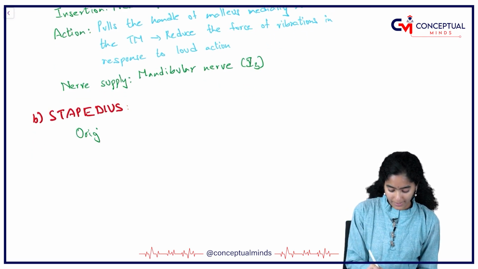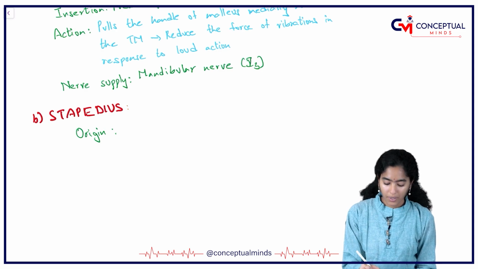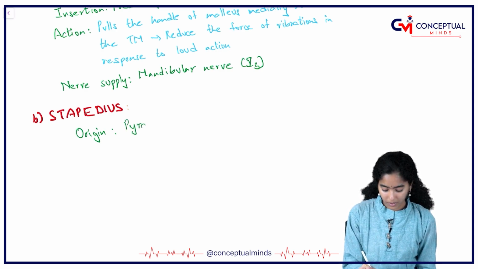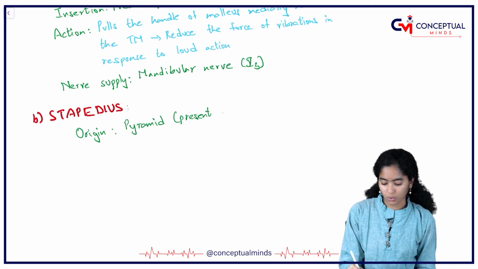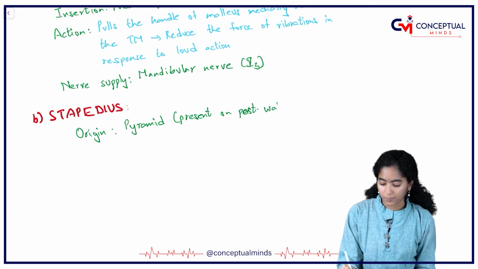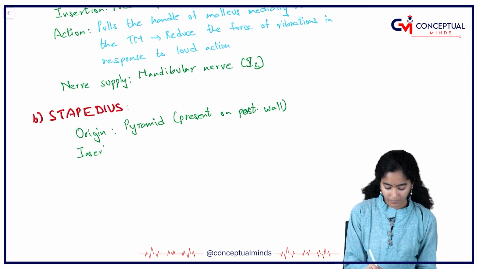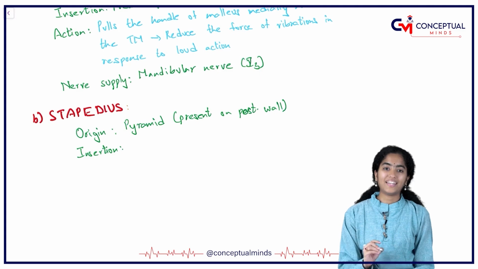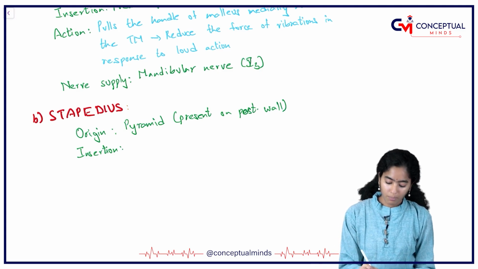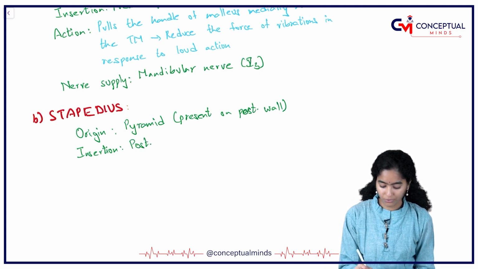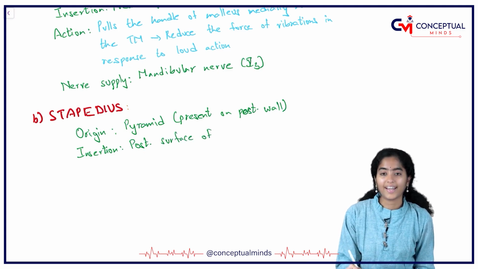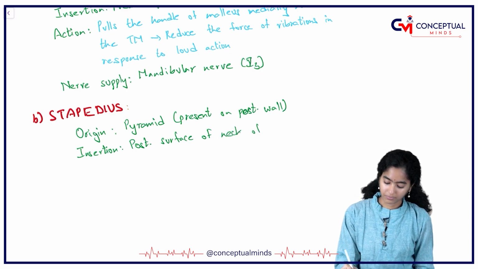Origin of stapedius muscle is from the bony pyramid, the bony projection present on posterior wall of middle ear, and it inserts on the posterior surface of neck of stapes.